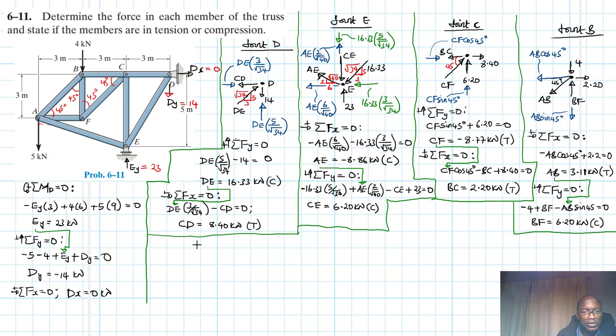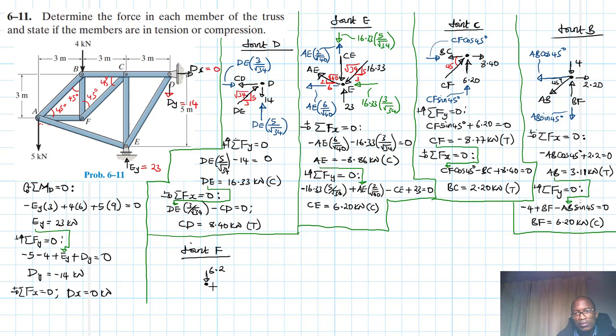Then we go to the last joint, joint F. Okay, joint F, we have BF, which is in compression, so we expect it to be coming up like so, which is a 6.2.